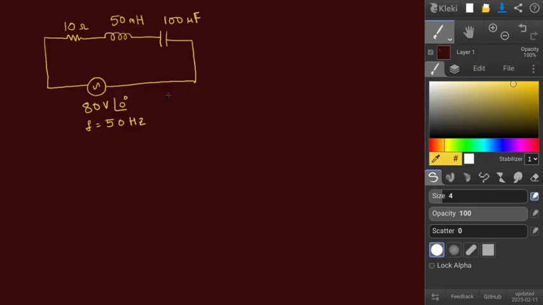In fact we can use the same problem to study two concepts that we are discussing, that is power factor correction and resonance. So let's first talk about power factor correction. First, let's talk about power factor itself.